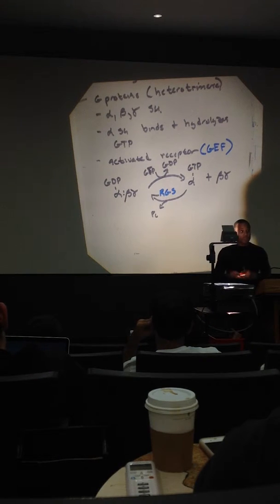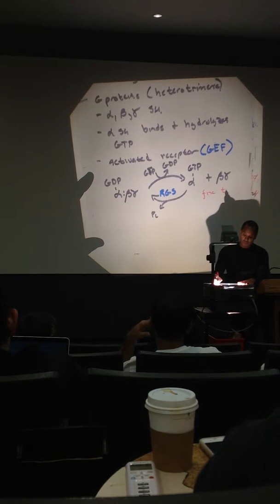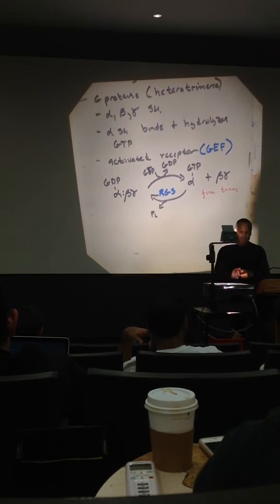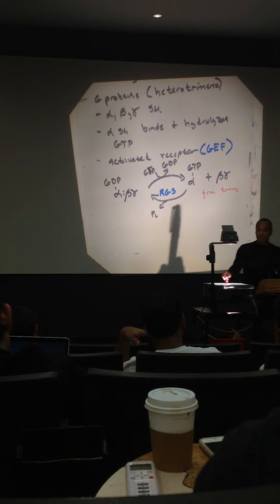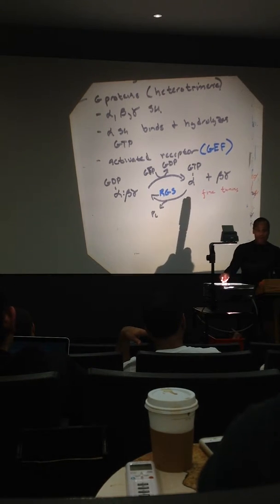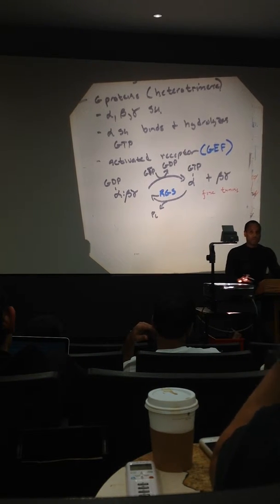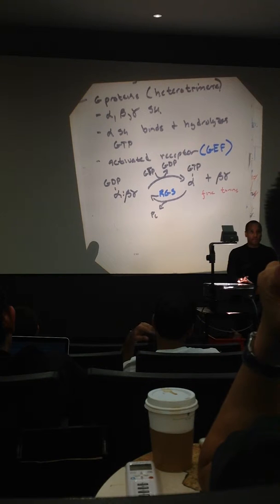And so again, just like we saw with the RAS protein, small G protein, this is a point of fine-tuning. Again, because the RGS can decrease the signal strength by activating the hydrolysis. Any questions about that?